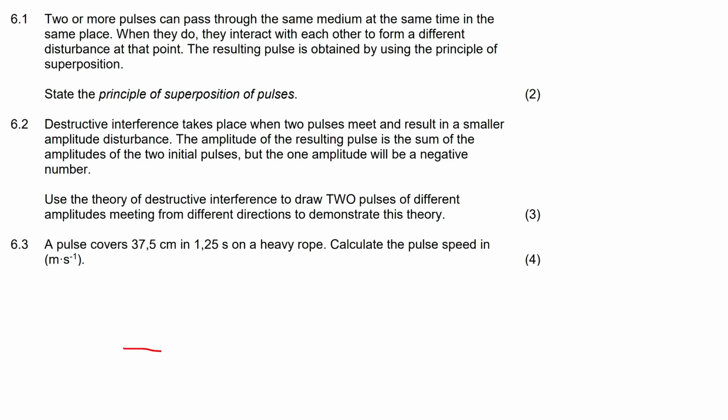We know that if you have a pulse, like that, and then let's say we've got another one, and let's say this one is going this way and this one is going this way. We've looked at this before, right?